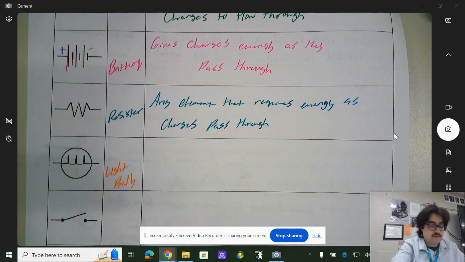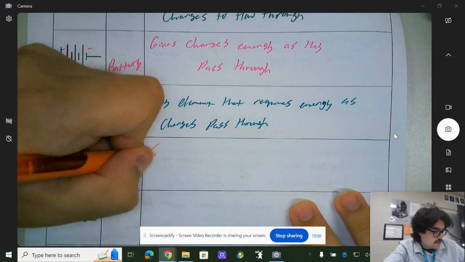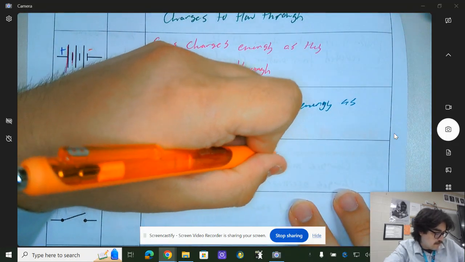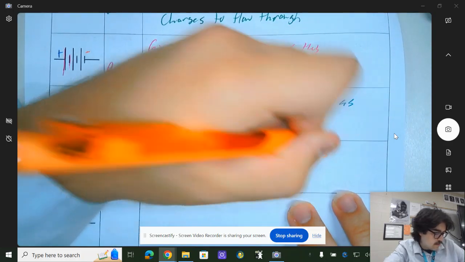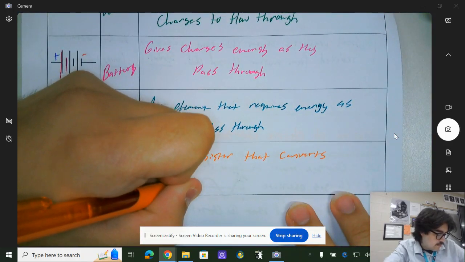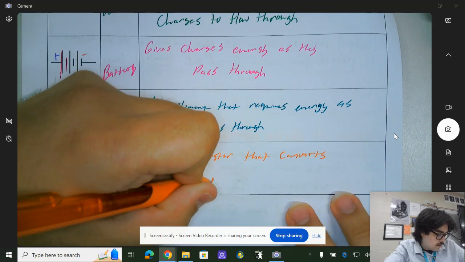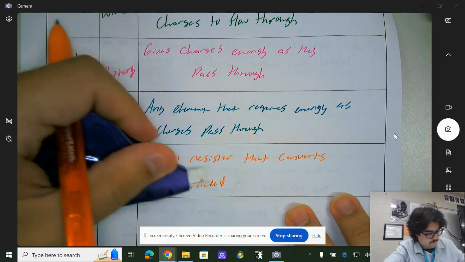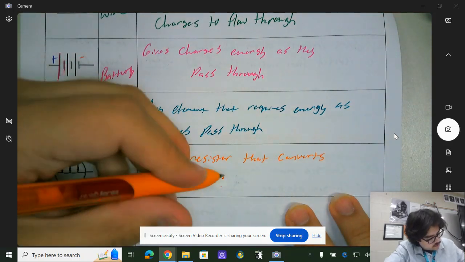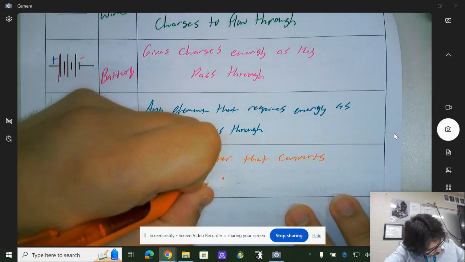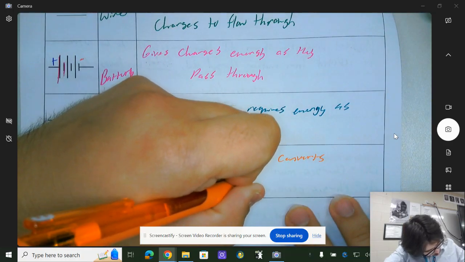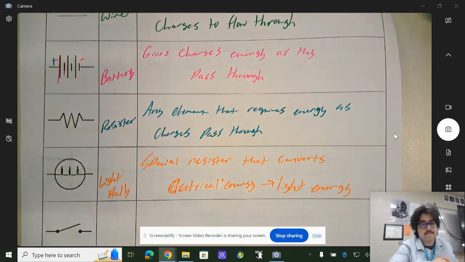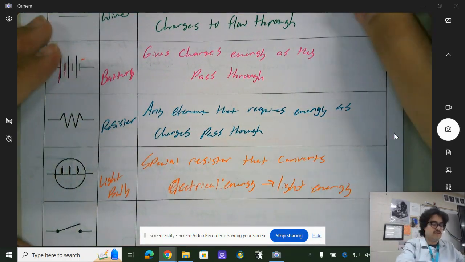You can either represent a light bulb as this or as a resistor, but this is a special resistor that converts electrical energy into light energy.